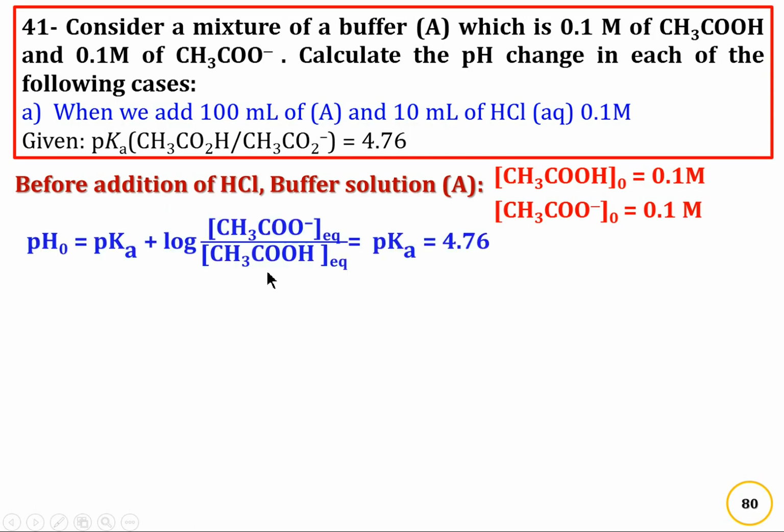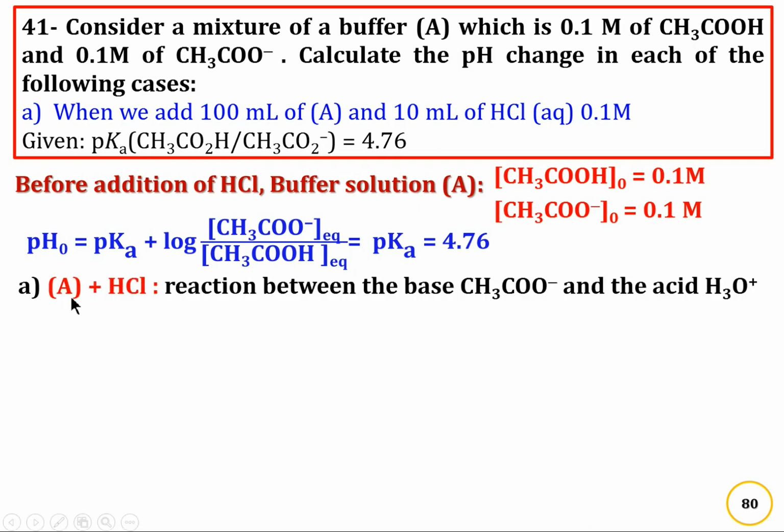So the initial pH is equal to the pKa of the couple plus log of acetate divided by acetic acid at equilibrium. And the concentrations at equilibrium are practically the initial concentrations, since acetic acid and acetate are of weak behavior. So pH0 equals pKa plus log 1, which is 4.76.